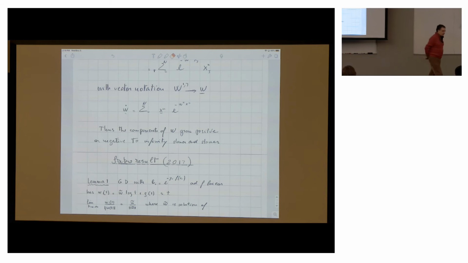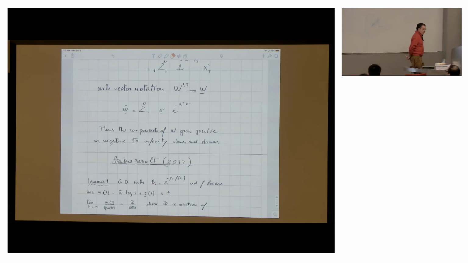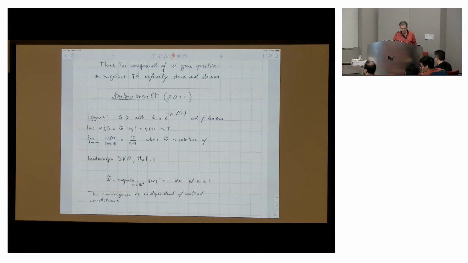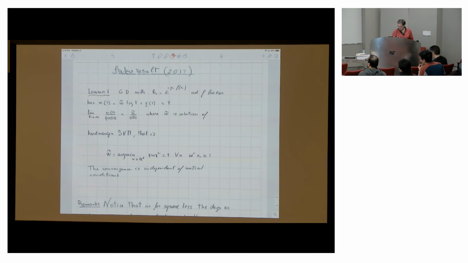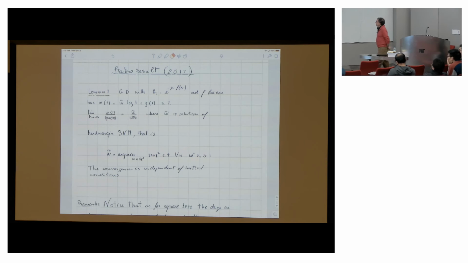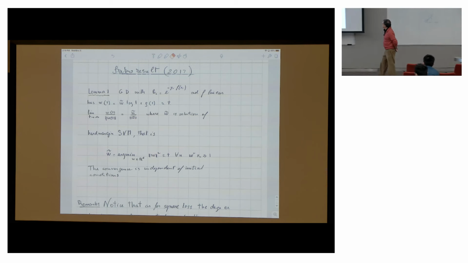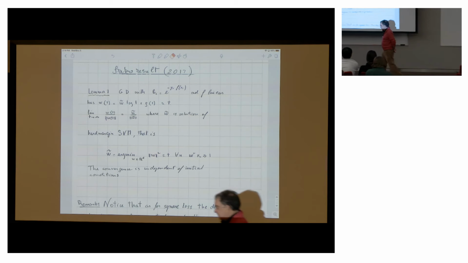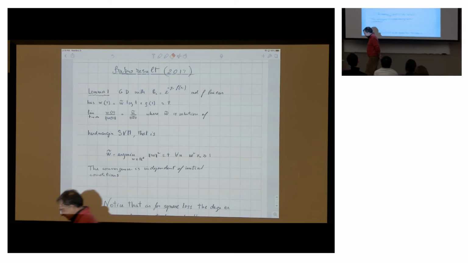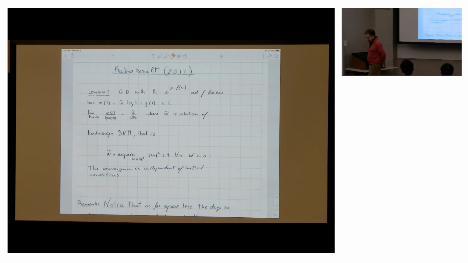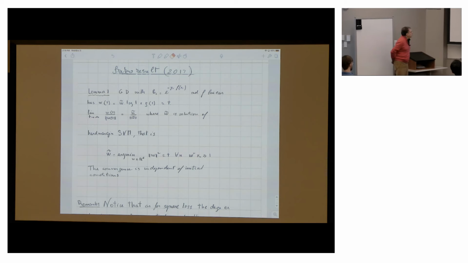On this type of dynamics, Soudry and colleagues last year had a quite interesting result, given mainly by this lemma. There are other ones. They showed that the size of the weights increases to infinity as you iterate gradient descent.